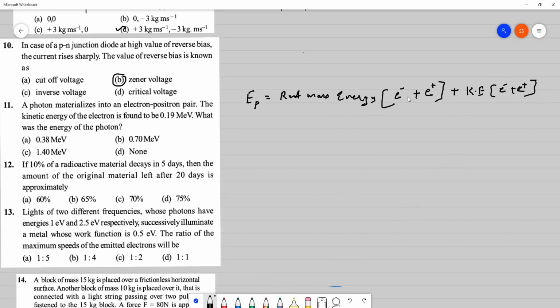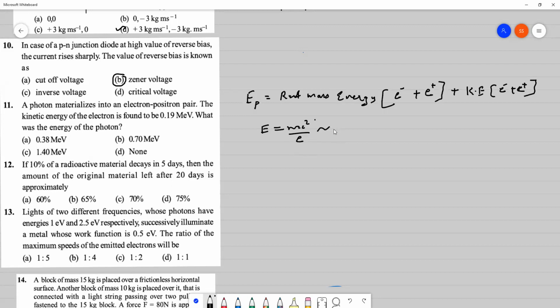The rest mass energy of the electron and positron is approximately 0.51 MeV. You can find the rest mass energy by using the equation E is equal to mc squared. If you calculate mc squared, that will come in joules. To convert it into electron volts, you have to divide it by the charge e, that is 1.6 into 10 power minus 19.